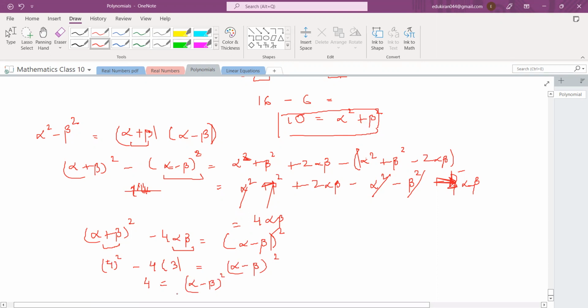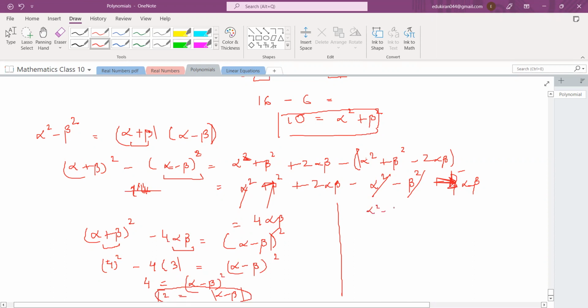Now take the square root. So alpha minus beta will be equal to 2. Clear? So I've got the value of alpha minus beta. Note it down because you might require it in some other parts. So alpha minus beta is equal to 2, put a box. Now put it here.